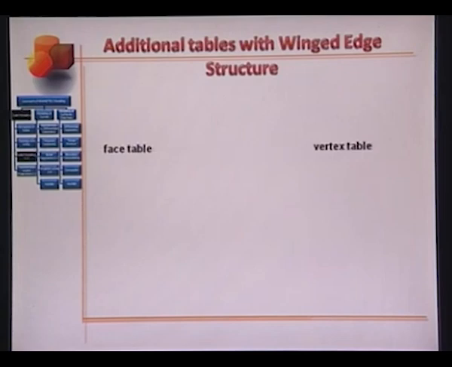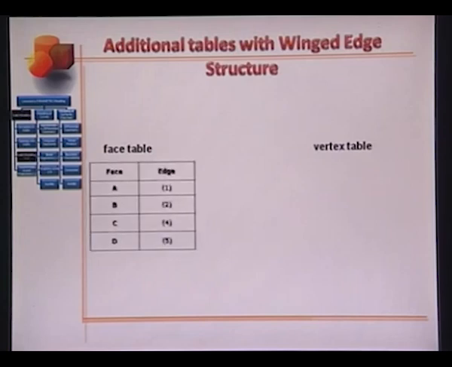One would be the face table and the other would be the vertex table. The face table will contain information about the four faces A, B, C and D. We will note down the edges which are incident on these four faces, and we can use this table to also store geometric information for each face. We will have to use additional columns for that.